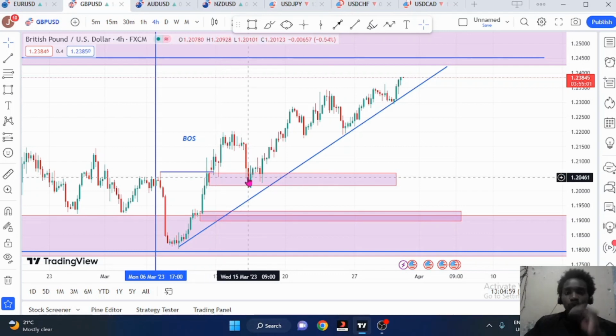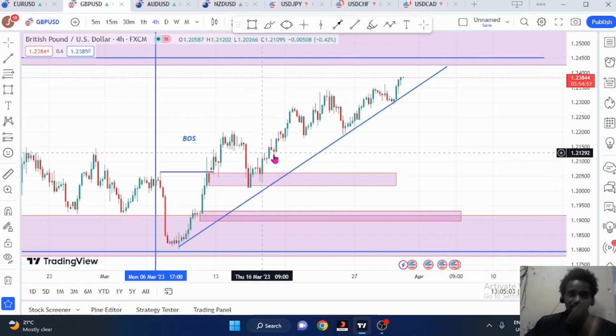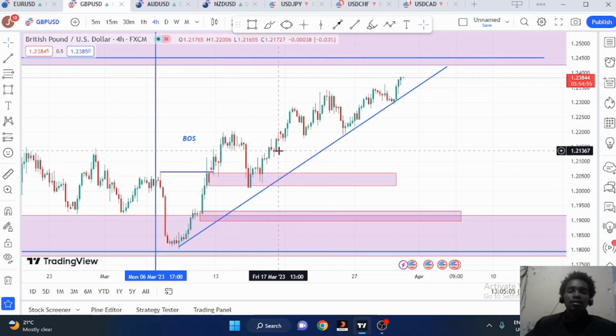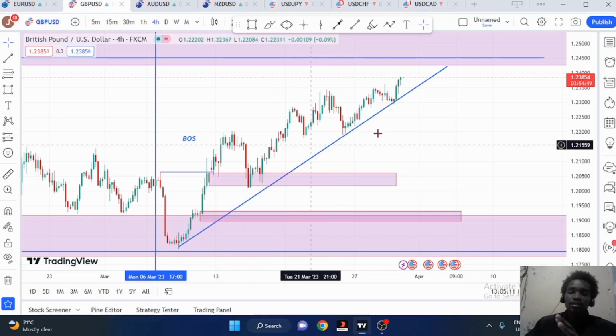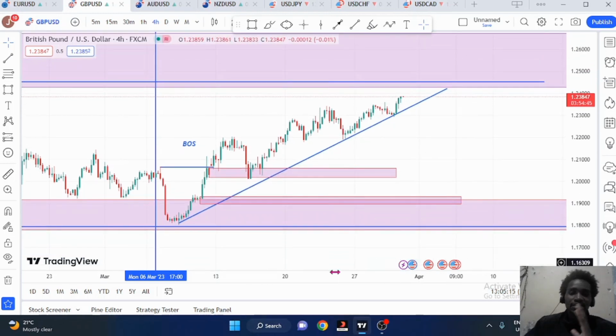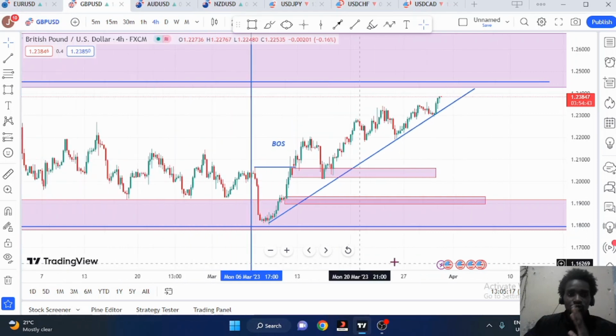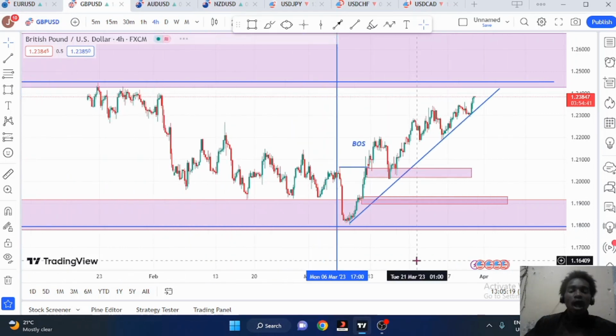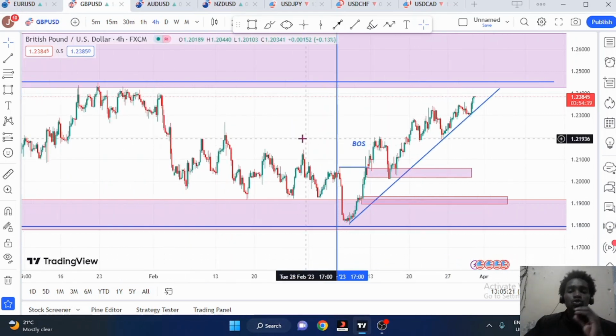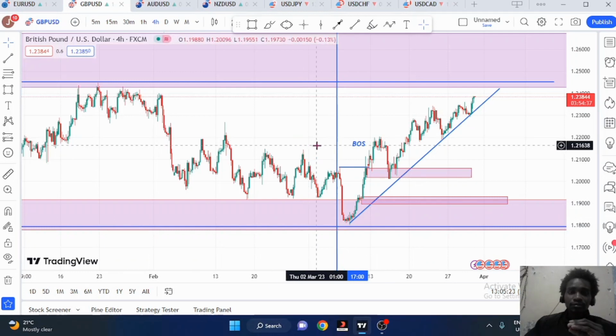Now, I have to mark my exits, not entries. I have already identified the demand zone, but I have to identify exits because I want to trade knowing where I want to get out of the trade. How do I identify that? Zoom in, or out, I don't know.